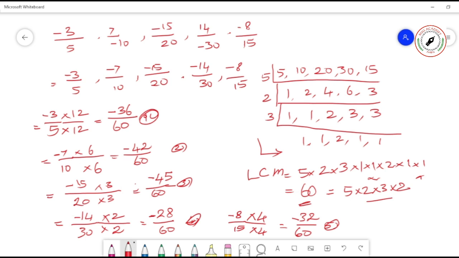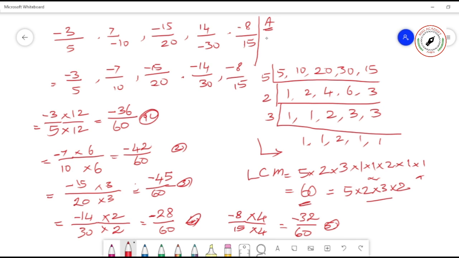Then minus 32, you see the fifth one. Second one, third, fourth, fifth. This is descending order, that is big to small. Small to big means the same, reverse. First I am writing ascending order. Ascending order means smallest to biggest.